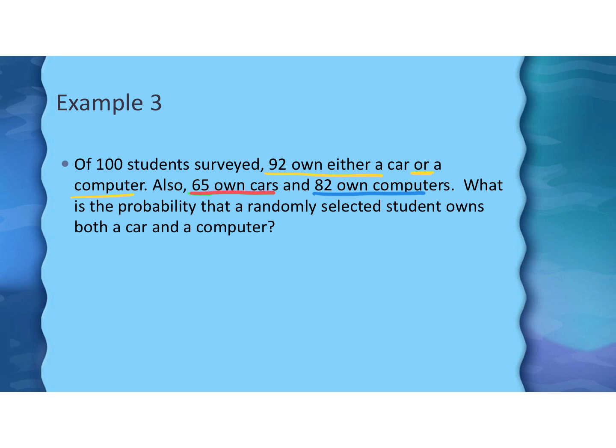What is the probability that a randomly selected student owns both a car and a computer? So what we're looking to find is the probability of A and B. And I'm going to define this as X. So I'm going to go ahead and notice there is an overlap here.